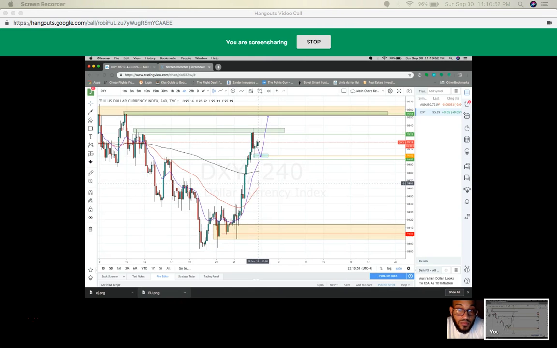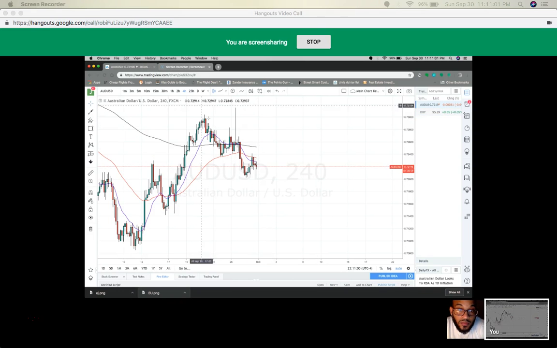So this is going up, so the US dollar is going up right now. You can see that clearly. And the Aussie dollar is going down. Does that make sense? If the dollar is going up, because USD is at the end of this pair, that's the correlation. It's going to go down.